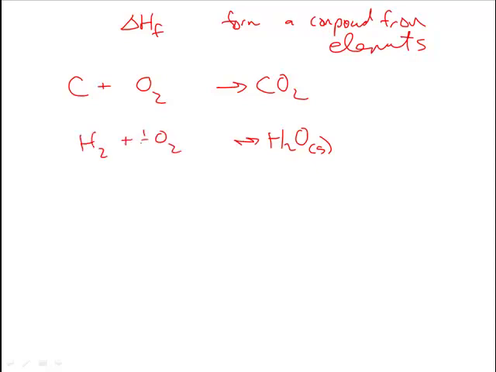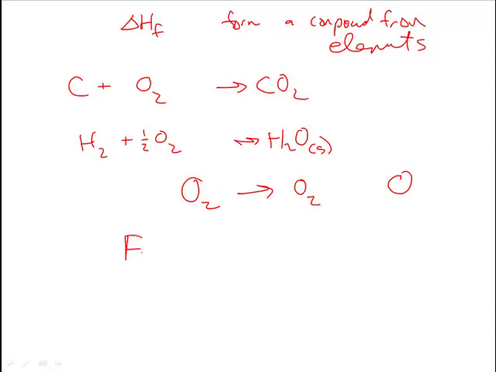Well, what if you want to form O2? What's the elemental form of oxygen? O2. If you start with O2 and you end with O2, there's no change. You could think that you separate them, then bring them back together, but the energy to separate them and the energy to bring them back together will cancel out. So that's why elements are 0.